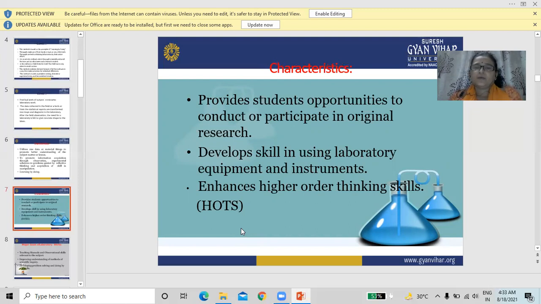Enhance higher order thinking skills in the students. These are the main characteristics of the laboratory method.